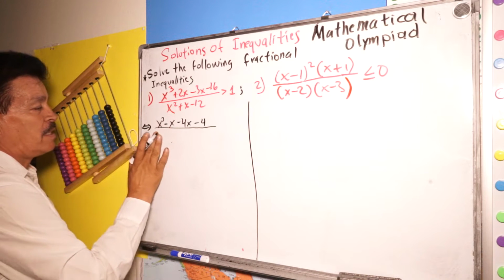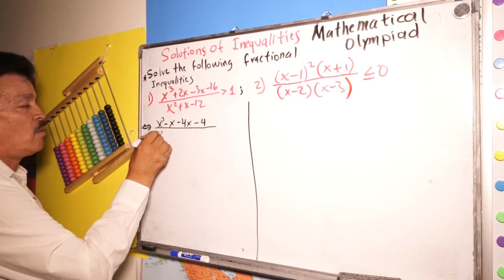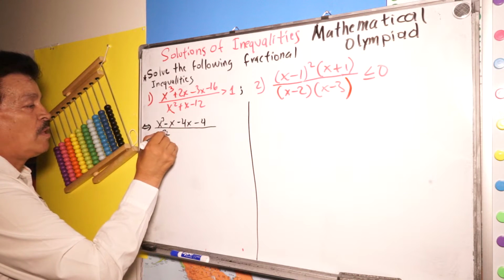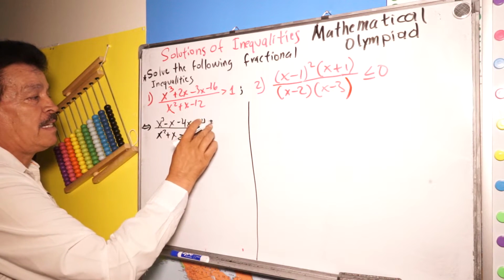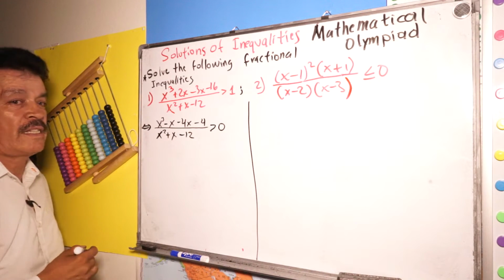Let me skip this step, and for the next step, write x² + x − 12, greater than or equal to 0.